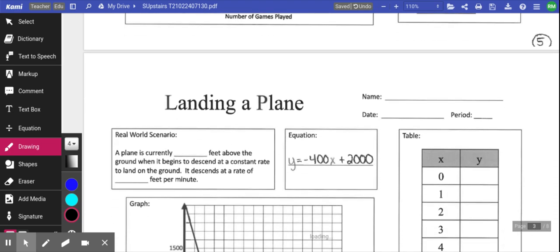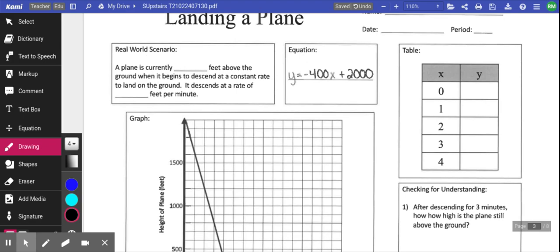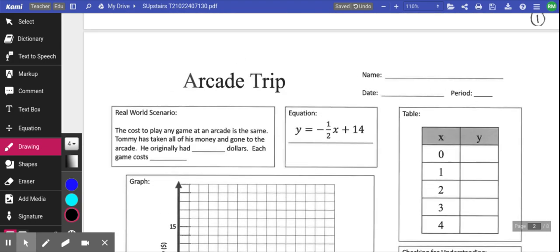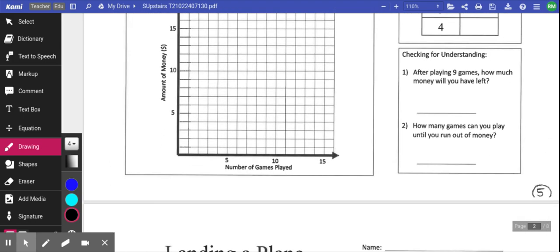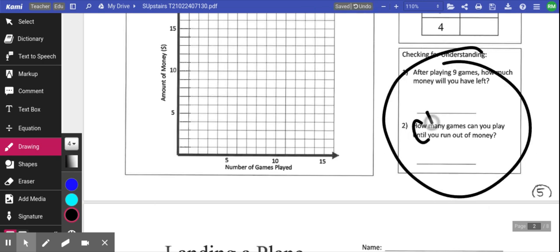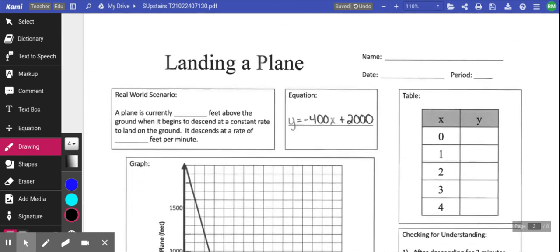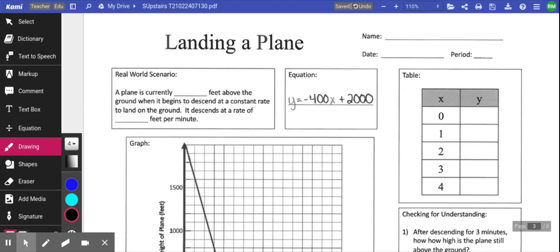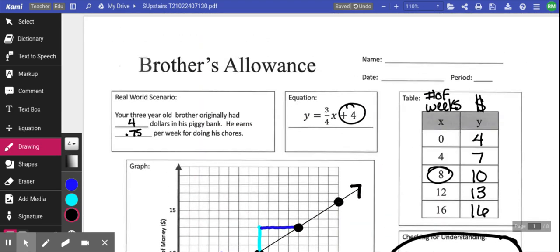And then the last one, landing a plane. You only need to do these first 3 pages. Again, the check for understanding will be a challenge, so it's optional. Email me if you have any questions.